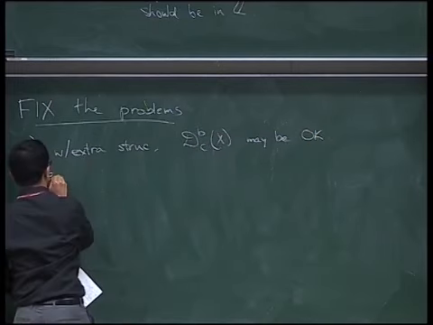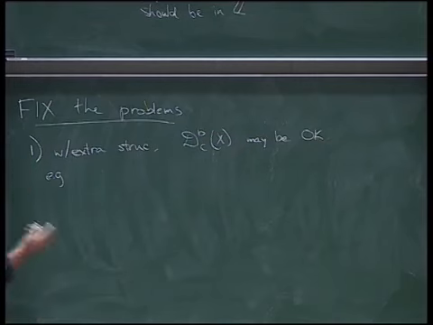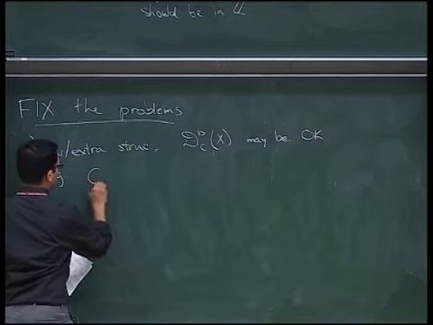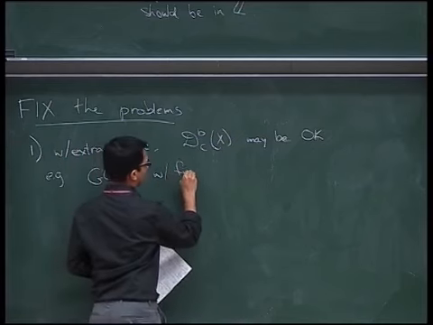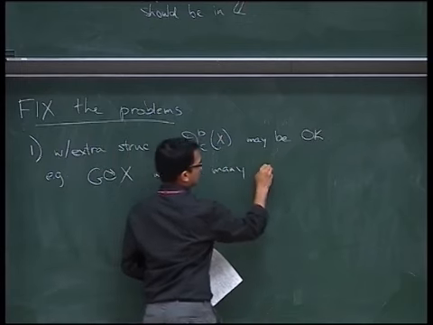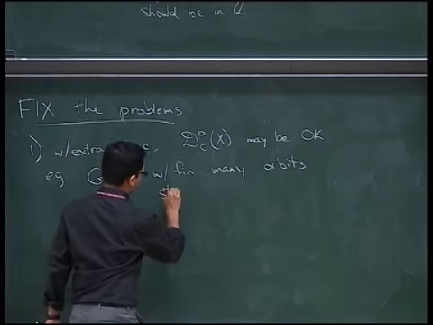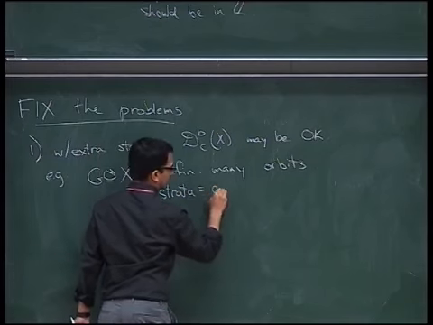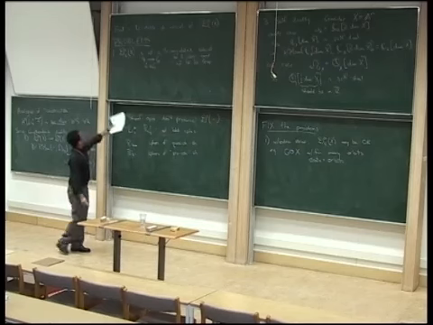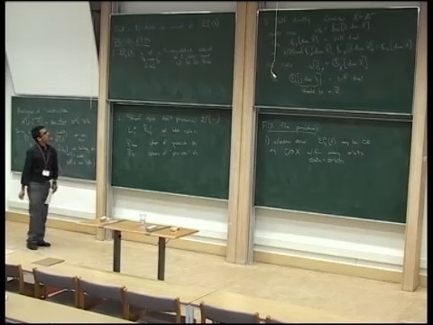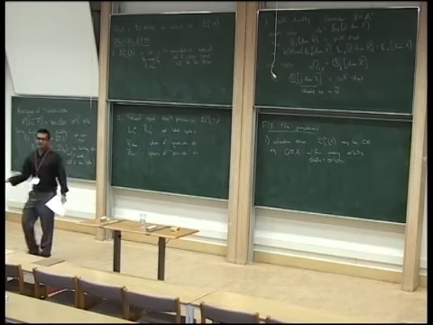And an example of the extra structure which makes it okay is when you have a group action and the orbits give you the stratification. So if you have a group acting on X with finitely many orbits, and the strata are the orbits. So in this situation, what problem 1 says is that, well, if you have a map of locally free sheaves on an orbit, well, on an orbit, an equivariant sheaf is automatically locally free.